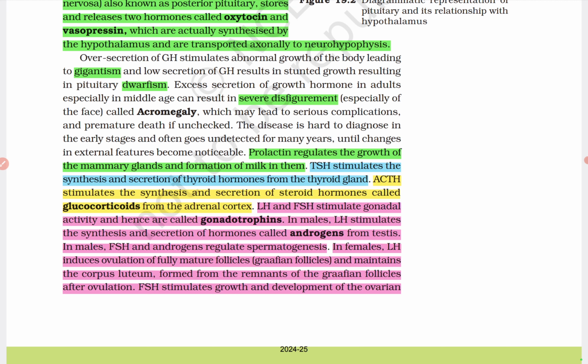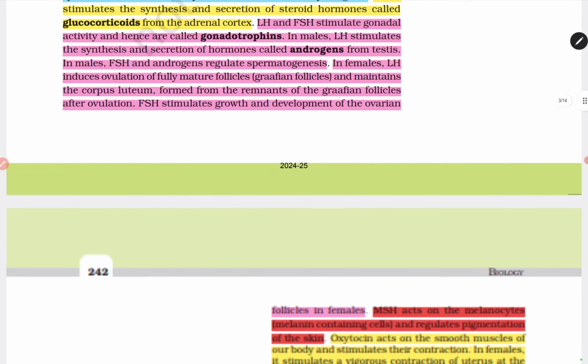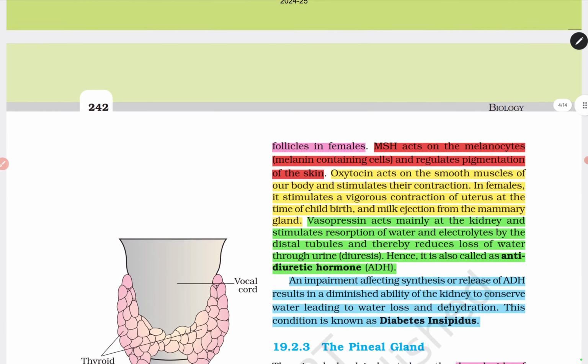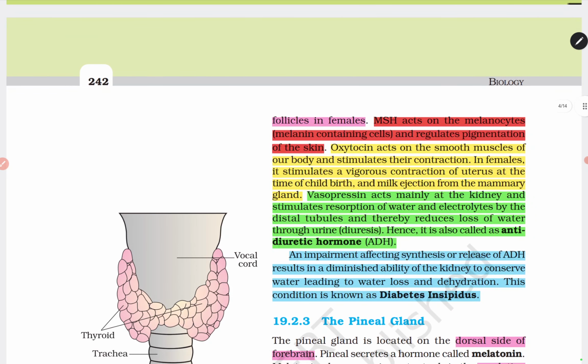In females, luteinizing hormone induces ovulation of the fully mature follicle, that is called Graafian follicle, and maintains the corpus luteum formed from the remnant of the Graafian follicle after ovulation. FSH stimulates growth and development of the ovarian follicle in females. Here, melanocyte stimulating hormone, MSH, acts on the melanocytes, melanin containing cells, and regulates pigmentation of the skin.